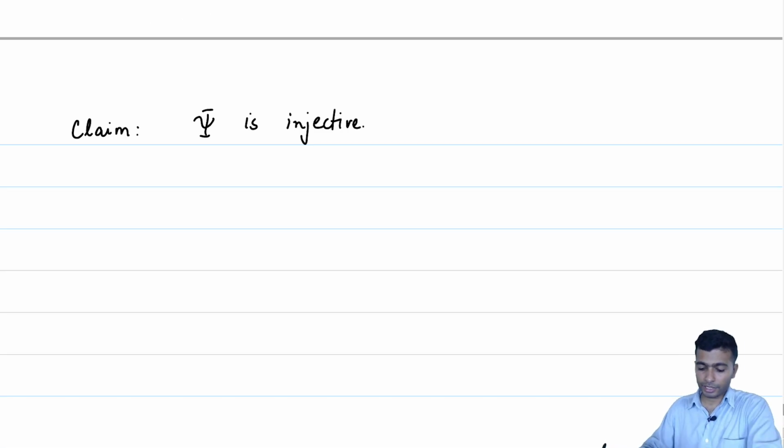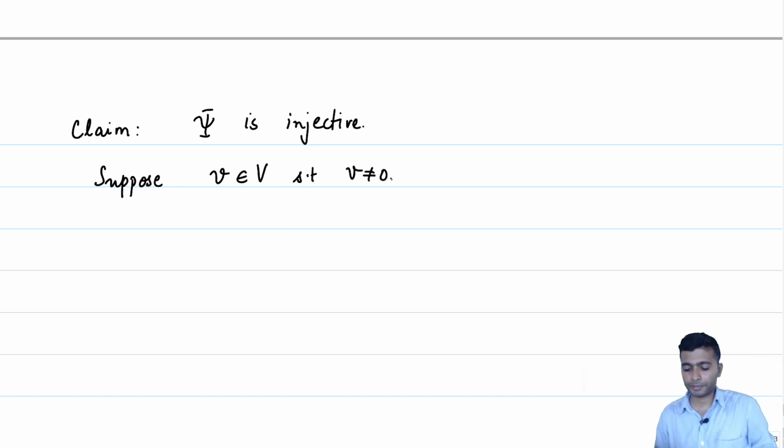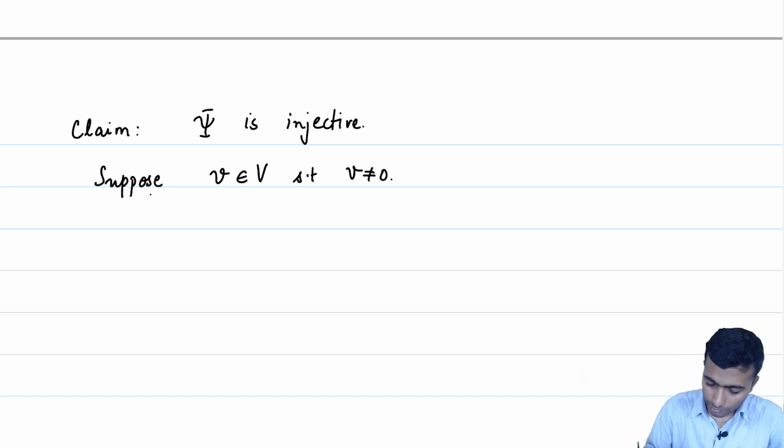Okay, why is psi injective? Let us consider some element in the null space. So, let psi of V be equal to 0. We will show that that forces V to be equal to 0. So, suppose V is an element such that V is not equal to 0. Suppose V is a non-zero element, and then this is the first time we will be going down to a basis in this proof.